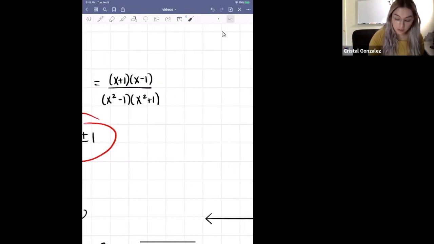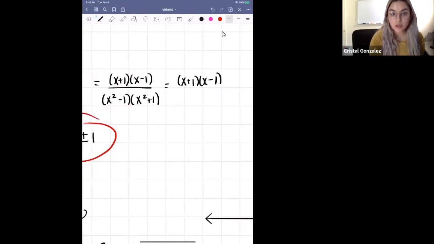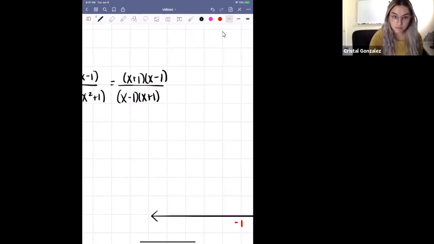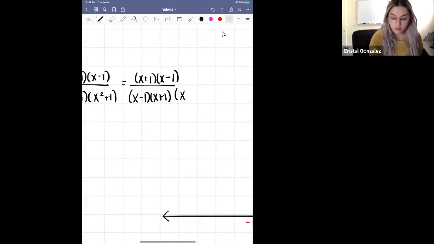And now here I have another difference of two squares, so I go ahead and factor that, and I get x plus 1, x minus 1 at the top, nothing changes there. And then I get x minus 1, x plus 1 for my difference of two squares from that first piece, and then the second piece stays the same. So I get x squared plus 1.